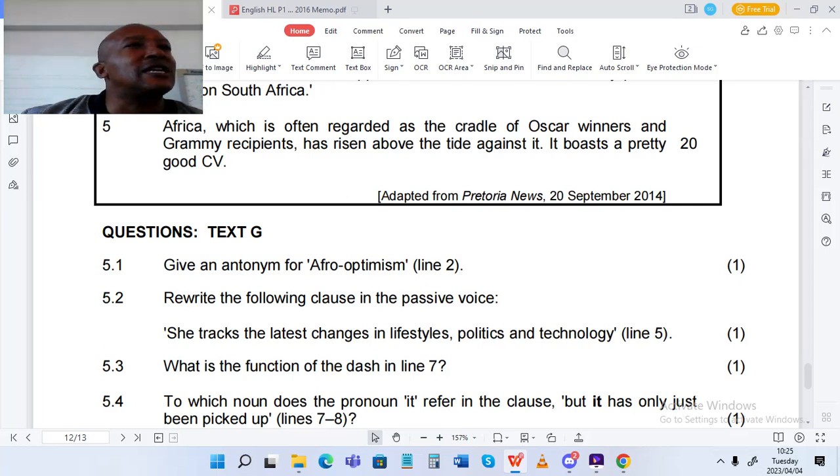As jy nie optimisties is nie, dan is jy pessimisties, né? Optimisties is positief. Pessimisties is die negatief. It's optimism and pessimism. So this answer would be Afro-pessimism, and it's spelled P-E-S-S-I-M-I-S-M.